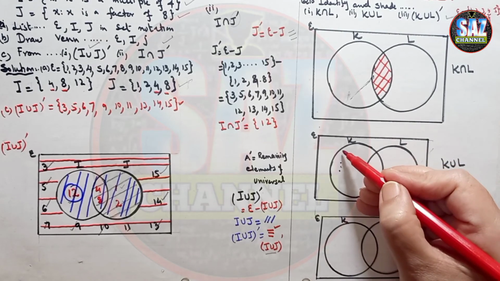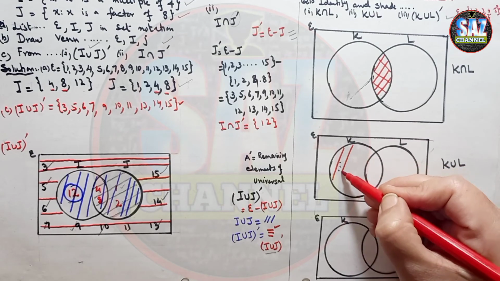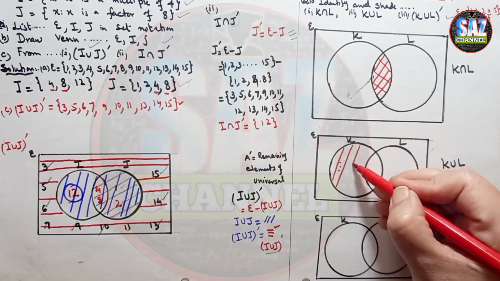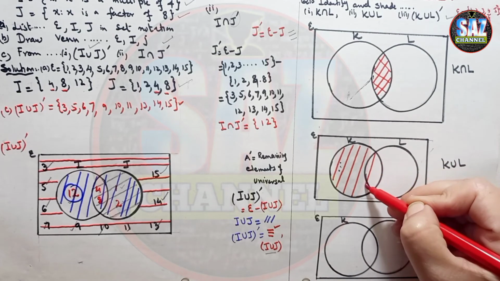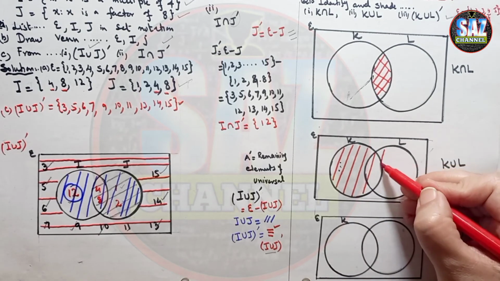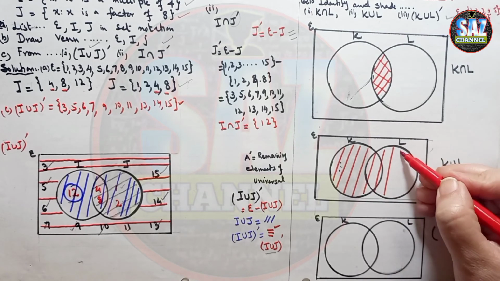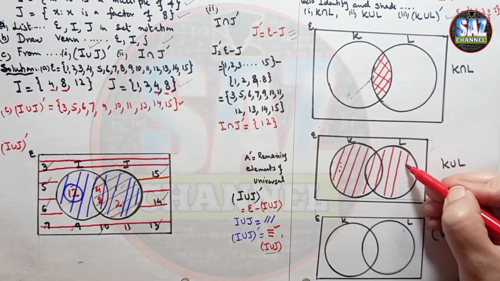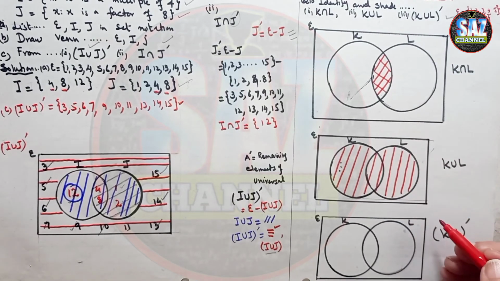So for the union case, I will be shading nicely with the pattern, but I do not have to take much time on the shading, because your paper will consist of 24 different questions, so you have to spare the time as well. So the union will be receiving the shading on these two sets. I hope you are clear about this situation.